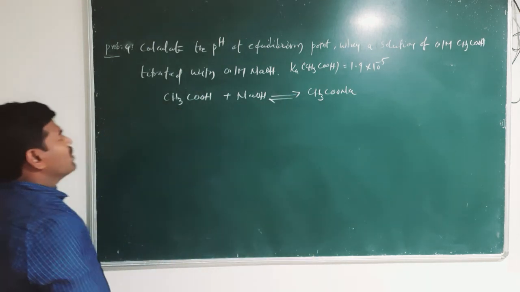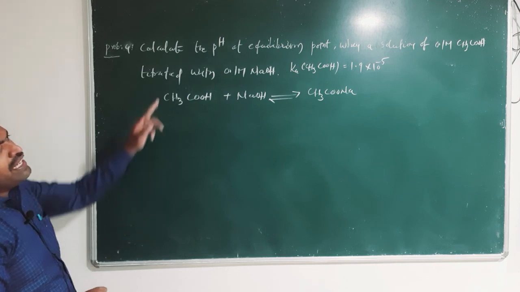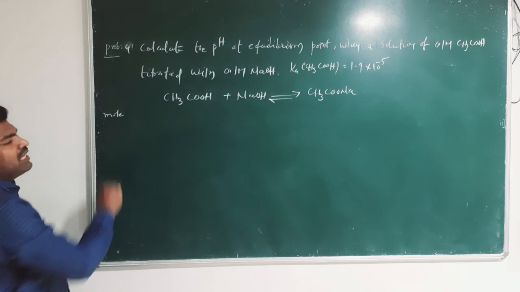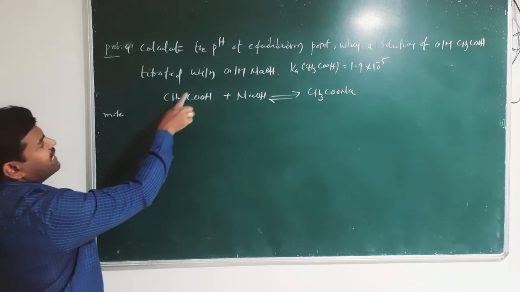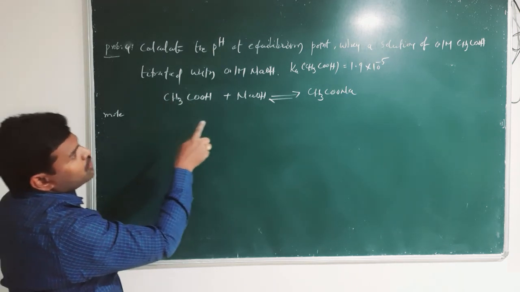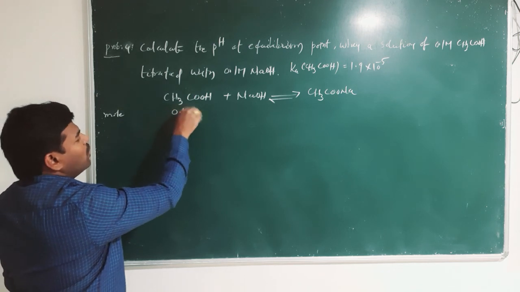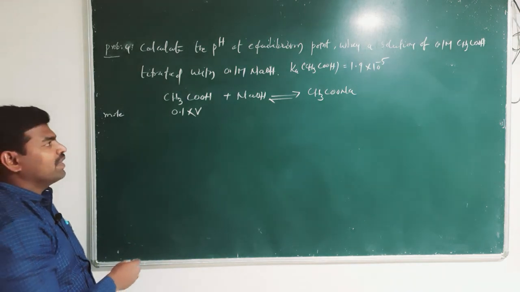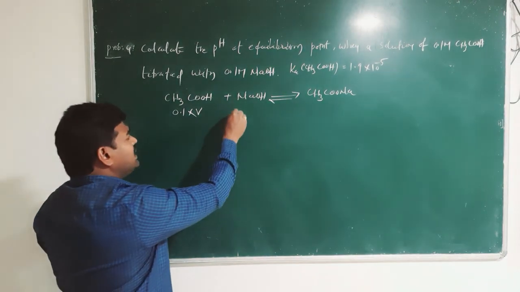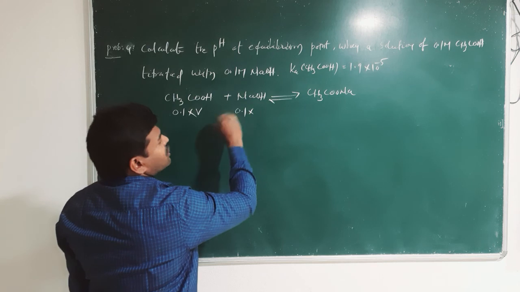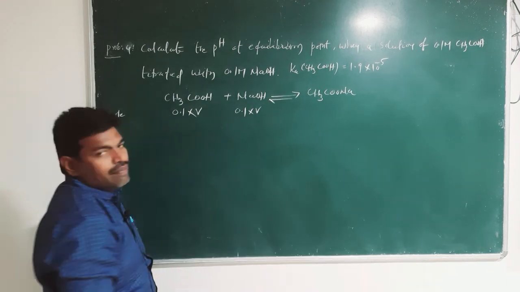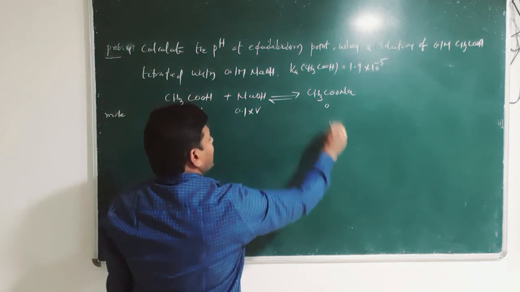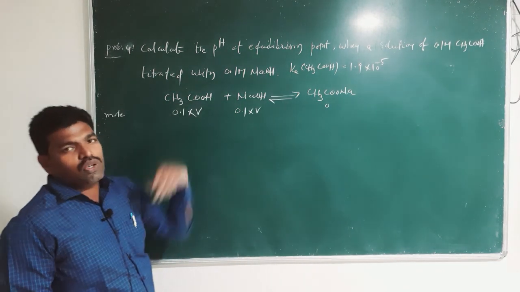CH3COONa. Okay, so we need to calculate the millimoles or moles. If you take the volume in liters, that is called moles. So, acetic acid concentration is 0.1 molar. They do not give the volume, so we can take that volume is V, and sodium hydroxide concentration is 0.1 and they do not give the volume, so V. So, before the attainment of equilibrium, the concentration of sodium acetate is 0.